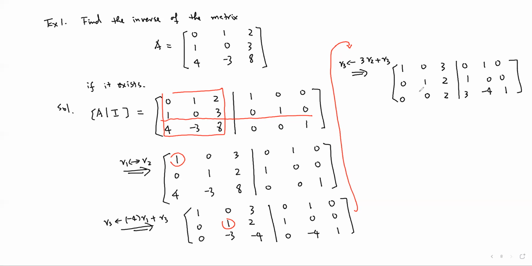Because there is a non-zero number in each pivot position, I am sure the matrix A can be reduced to the identity matrix.